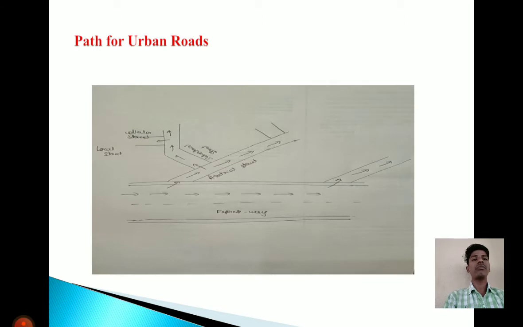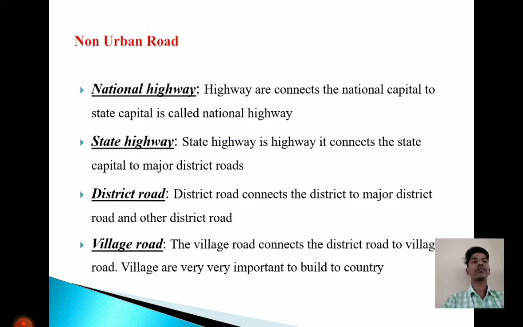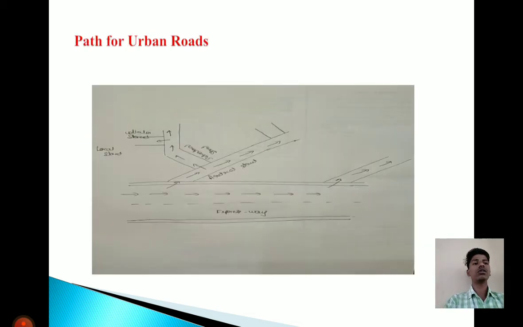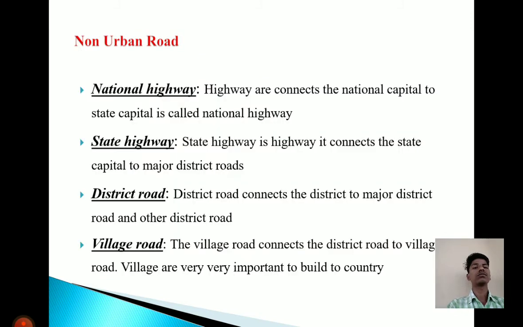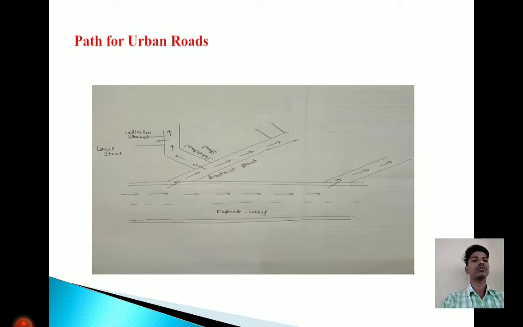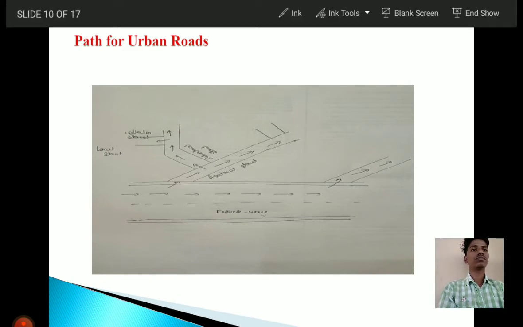This is the path for the urban roads. For example, see, this is the path for an urban road. This is the expressway, and this expressway merges into the arterial road.